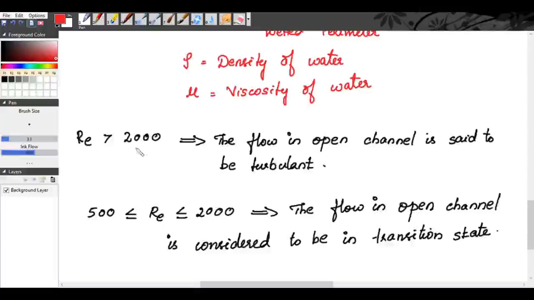Now, if it is greater than 2000, the flow in open channel is said to be turbulent. So there is a difference between flow through pipes and flow through open channels. And if the Reynolds number lies between 500 and 2000, the flow in open channel is considered to be in transition state.